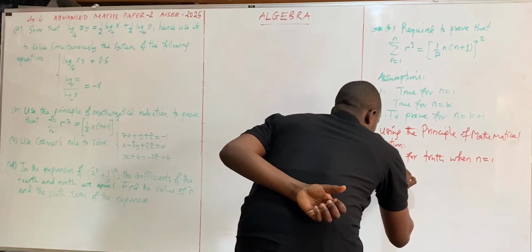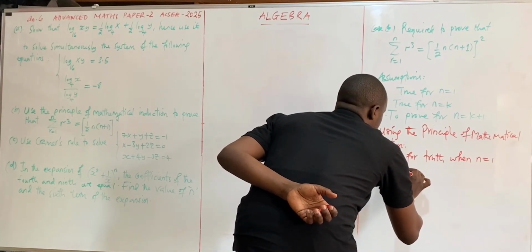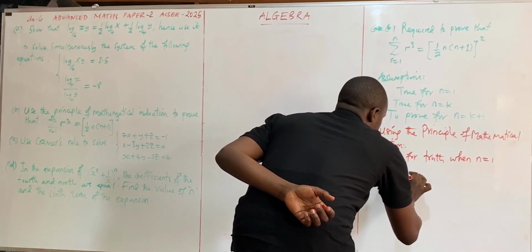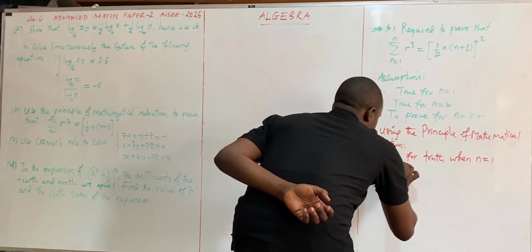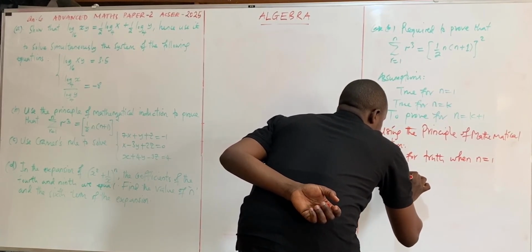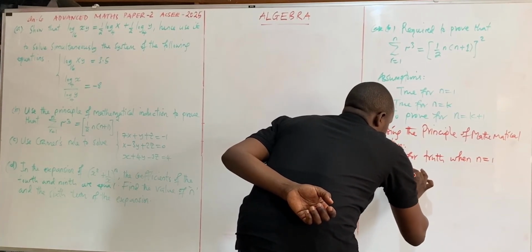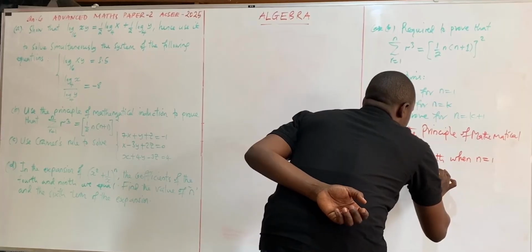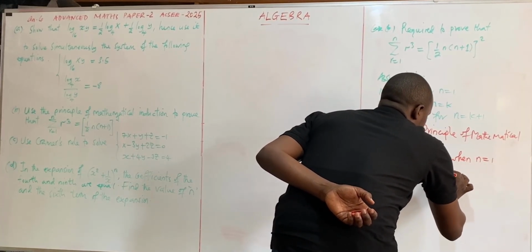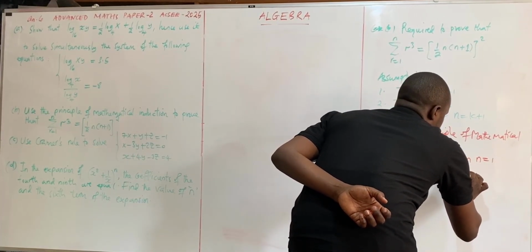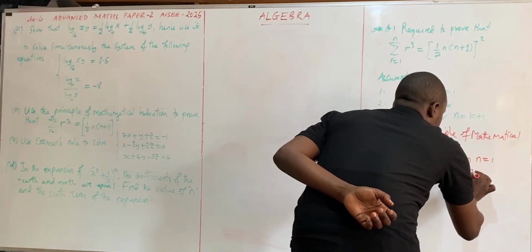So we can say when we sum, r equals 1 up to n, so if it is 1, it means our n is 1, so we say that is 1 cubed. If it's the same as 1 over 2 times 1, then 1 plus 1 in brackets, the whole thing squared.